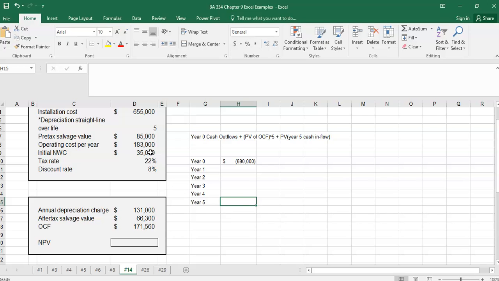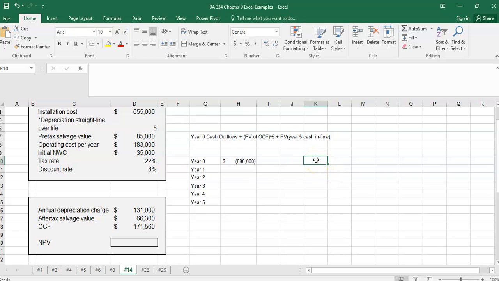So the short way to do this is to do our year zero cash outflows plus the present value of the cash flows for 5 years plus the present value of the year 5 cash flow. Because we have 5 years of cash flows, we want a present value factor.